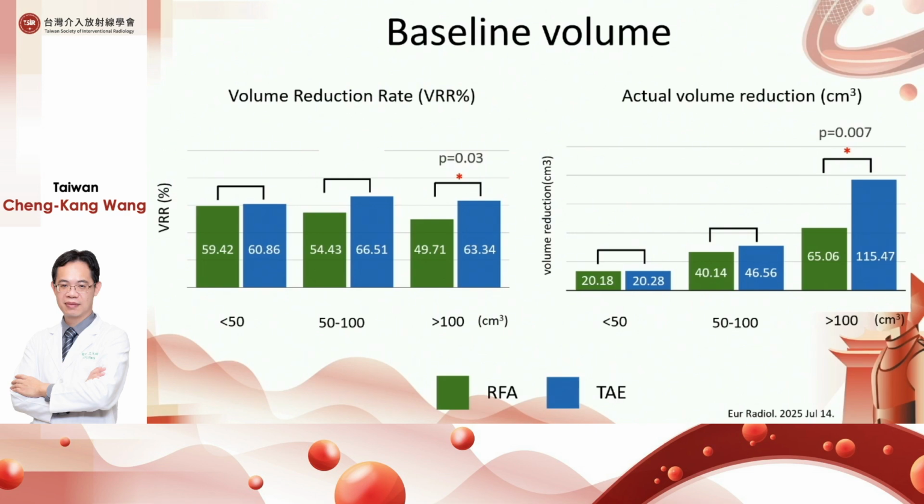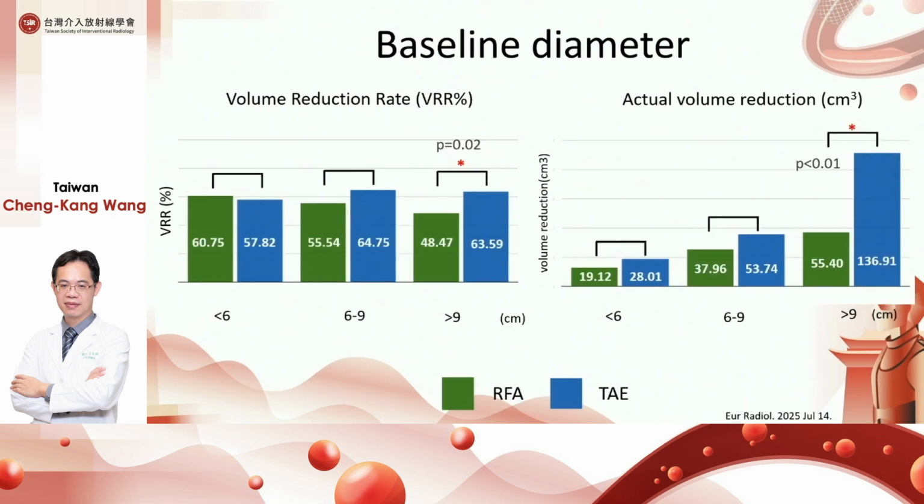In contrast, patients treated with TAE did not show such a trait. Furthermore, in the subgroup with pre-ablation volume over 100 milliliters, the TAE group showed a significantly higher volume reduction rate and actual volume reduction compared with the RFA group.